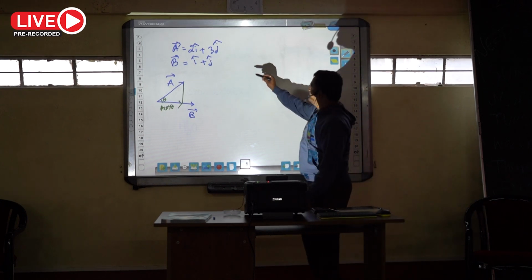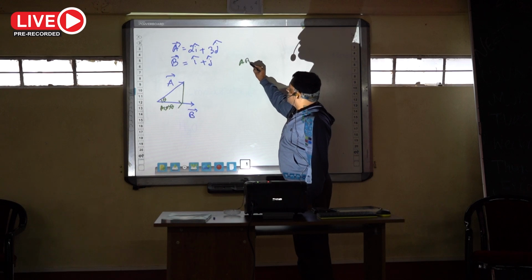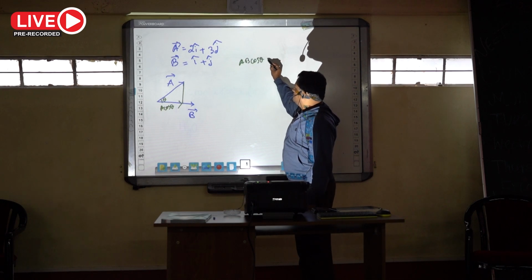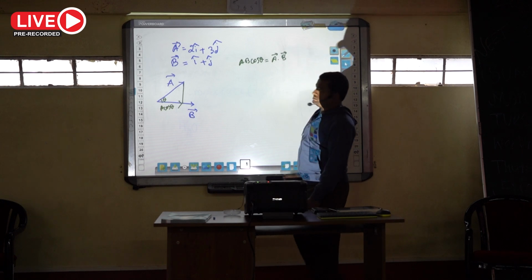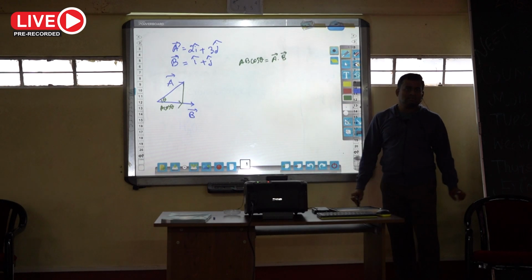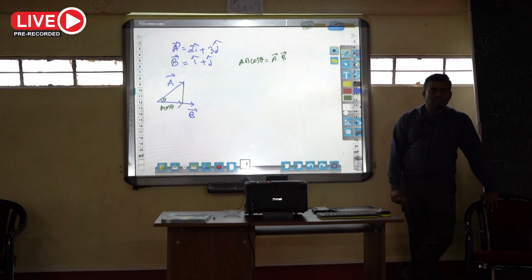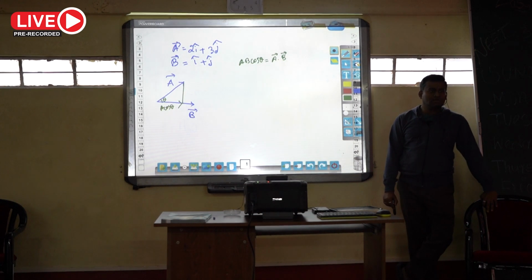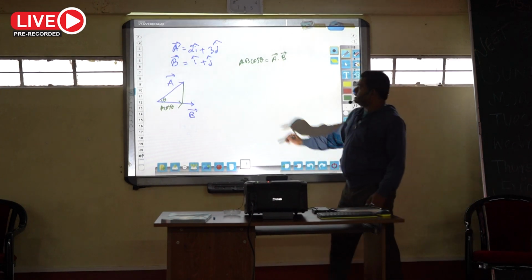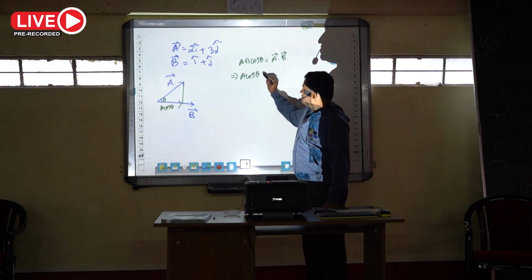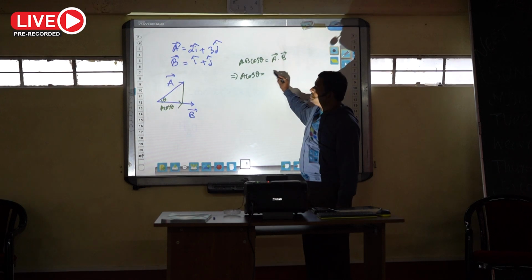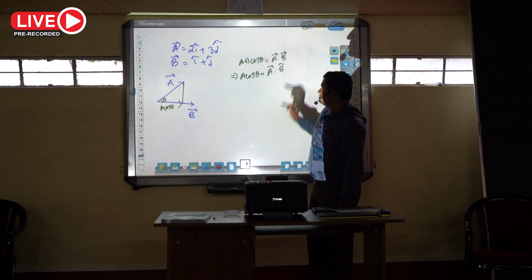We know that AB cos theta is equal to A dot B. Then what is A cos theta? Then I divide this by B, so it will be A dot B cap.